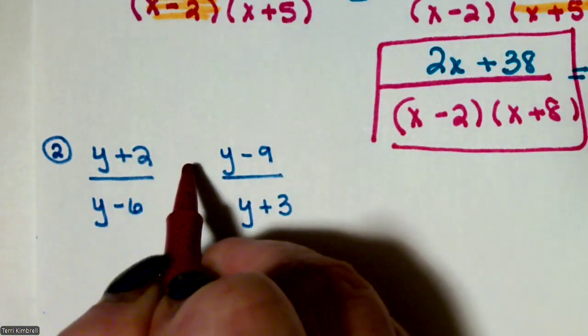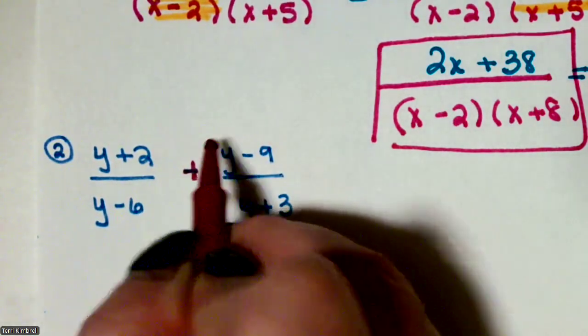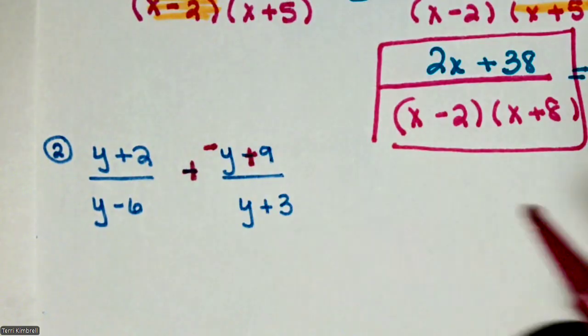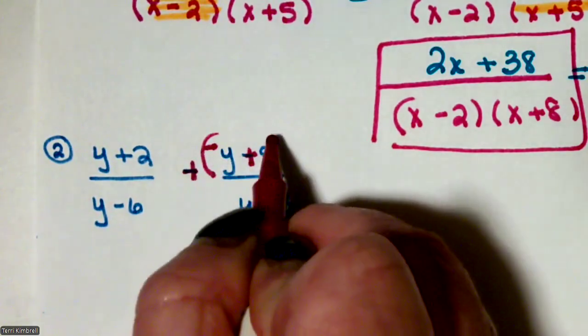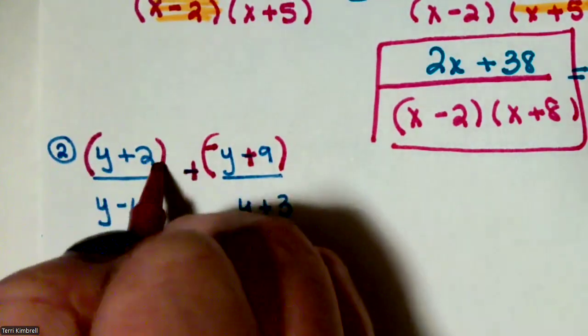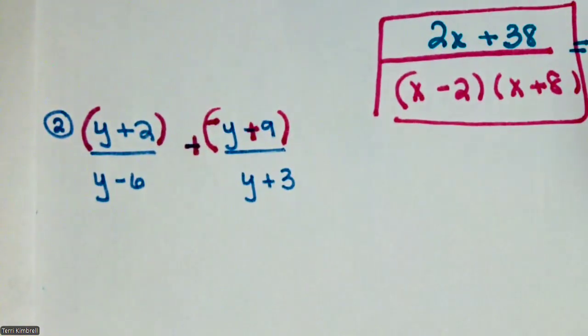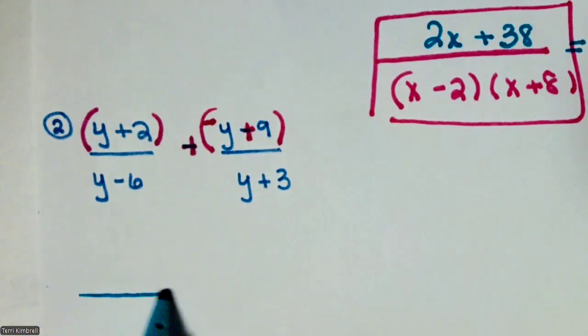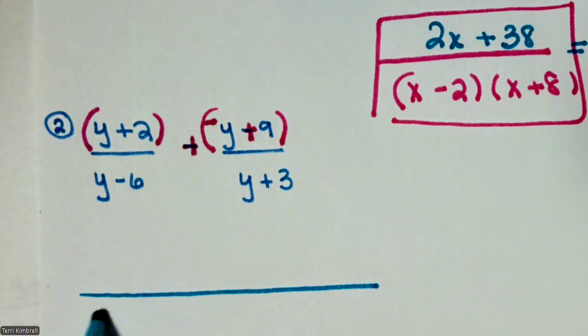So if I put a plus, I would distribute it to both of those, which means now I have this part for the numerator. This part would be that numerator. Okay. Now we're looking at getting a common denominator. So since those are different, I'm going to put that together.